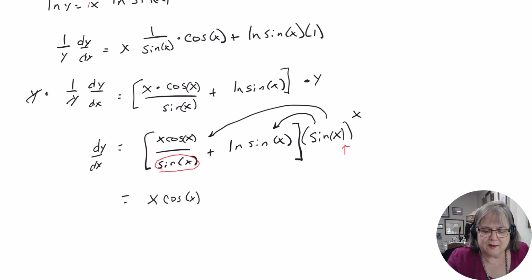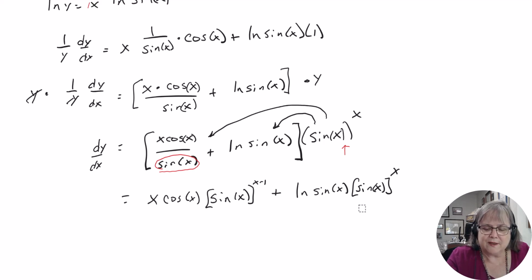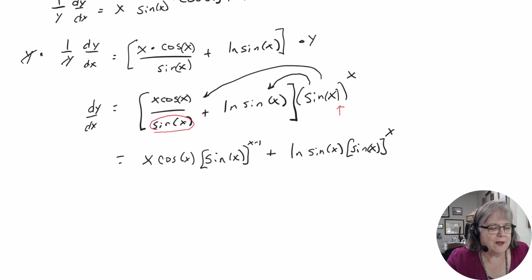Well, so it's an x. So we would have sine of x, and whatever x is, we're going to reduce it by 1, right? If it had been a 5, it's now a 4. If it was a 3, it's now a 2. That's kind of weird looking. We haven't done anything like that. Plus, right? And we've got the natural log of sine of x times sine of x to the x. And these two sines don't see each other because the one on the left is inside of a natural logarithm, so they can't do anything cool.